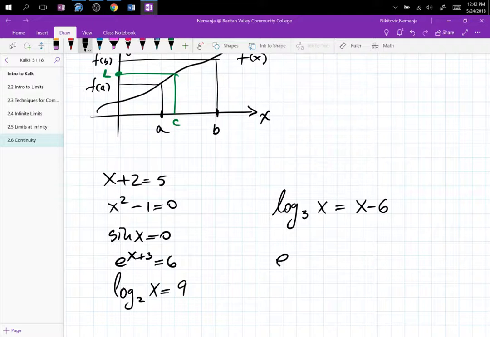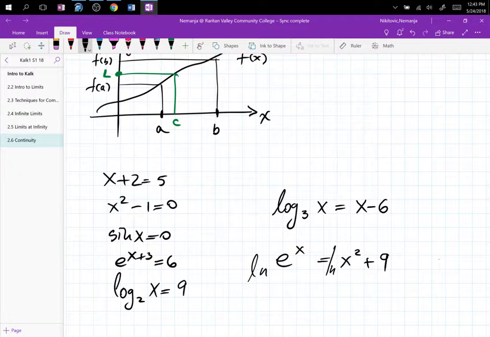Another example would be, let's say, e to the x is equal to x squared plus 6. Well, 6 again. Let's use 9, whatever. That's another one that cannot be solved. Because as soon as you ln this side to free up x, you bury the other side within ln. And then you e the other side to free up, and then you bury the x on the left, right?